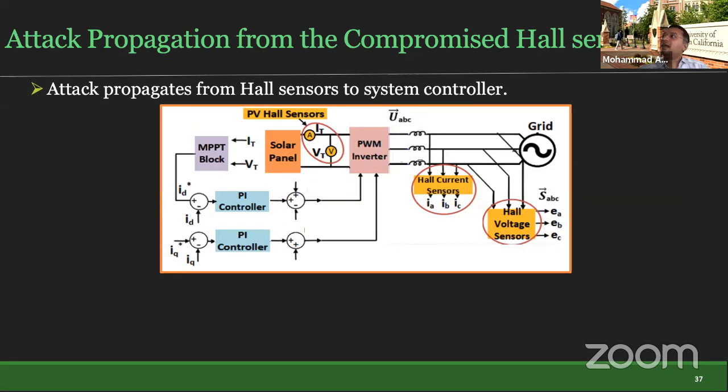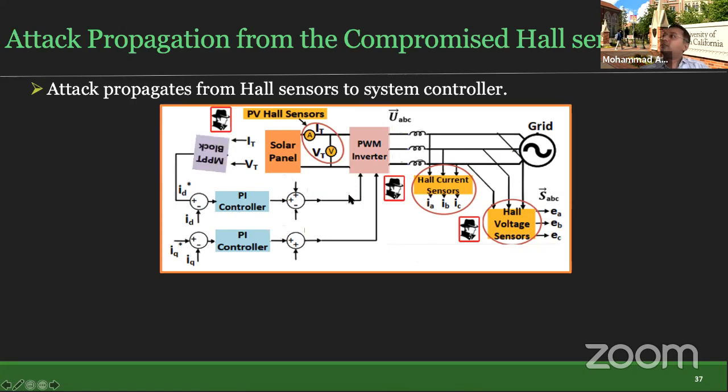This is the design of the Hall sensor, and this is the controller. If you take this controller, there are multiple Hall sensors there. If you take just the PV Hall sensors, the two on the left close to the solar panels, or the other two Hall sensors close to the grid, you can hack any of them.